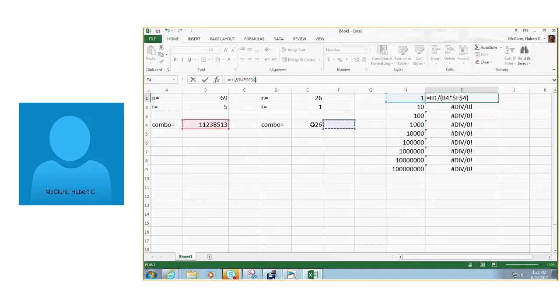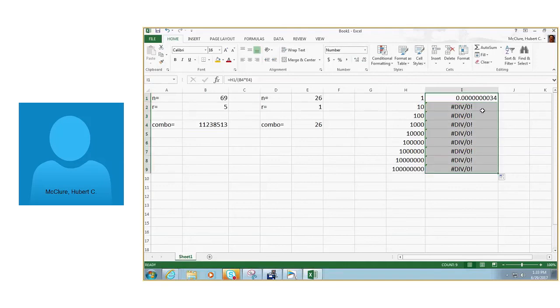No, it's not that. I don't know how to lock it. It's supposed to lock that, but I can't lock it. This is not going to be right.